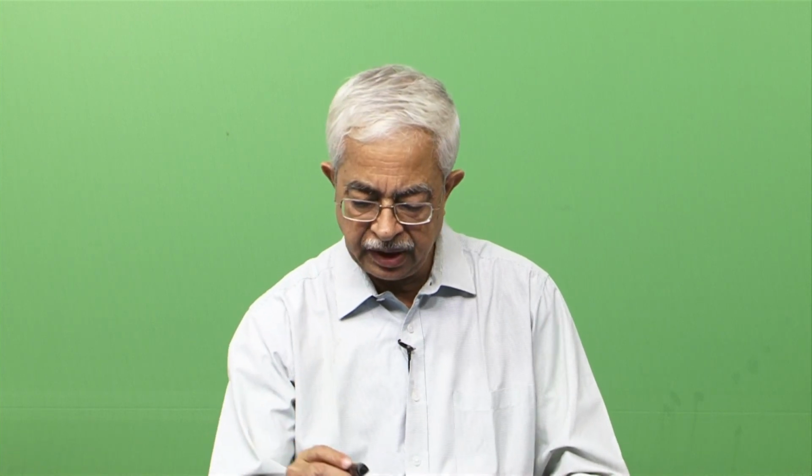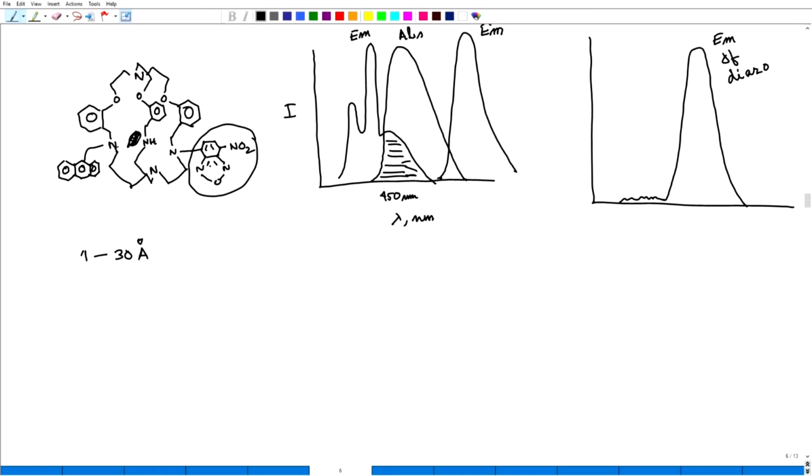There should not be one like this and another like this, orthogonal. If they are matching, then only there will be transfer of energy completely to the diazo. So, diazo gets the energy from anthracene.